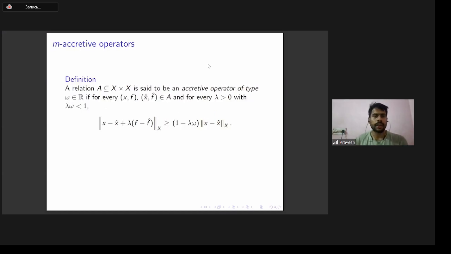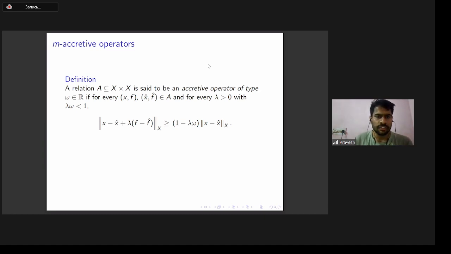Now we will look at the m-accretive operator. Here X is a Banach space, and we call any relation on the Banach space X an operator. Our relation A from X into X is said to be an accretive operator of some type omega if for every pair of two ordered pairs in A and lambda positive such that lambda omega is less than 1, the norm of x minus x hat times 1 minus lambda omega is less than or equal to the norm of x minus x hat plus lambda times f minus f hat.